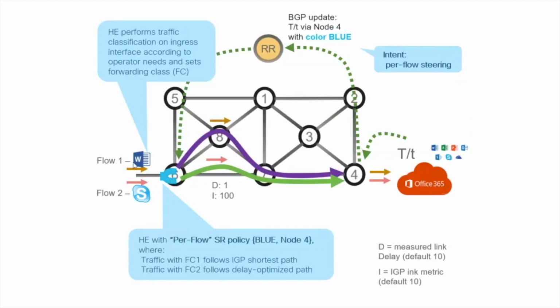All of them are sending traffic to the same prefix. According to the classification criteria, I want to have some of the traffic following a path that minimizes the IGP cost, and some of the traffic, for example, that is more latency sensitive, that follows a path minimizing the delay to the egress PE number 4. And that is the gist of the value and the need for doing PerFlow.